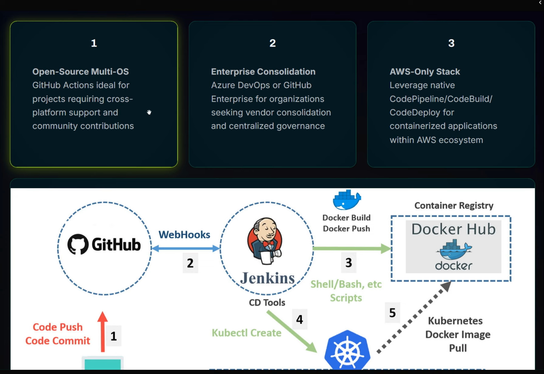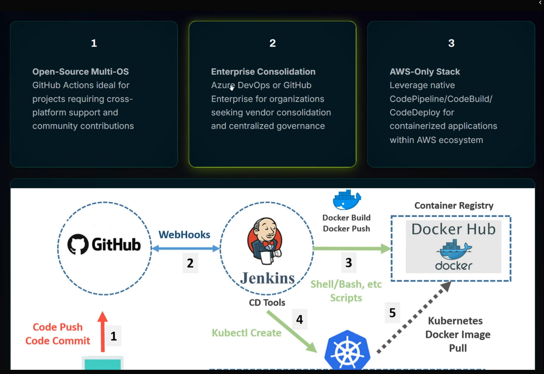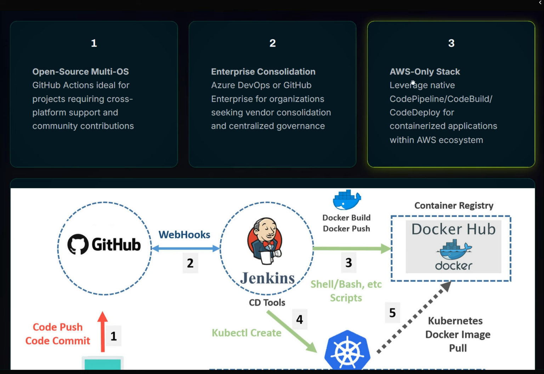Enterprise consideration: Azure DevOps or GitHub Enterprise, for vendor consolidation and centralized governance. This one is better. For an AWS-only stack, leverage native CodePipeline, CodeBuild, and CodeDeploy for containerized applications within the AWS ecosystem. So this is very good for AWS containerized applications. It can be ECS or EKS, Elastic Container Service or Elastic Kubernetes Service in AWS.